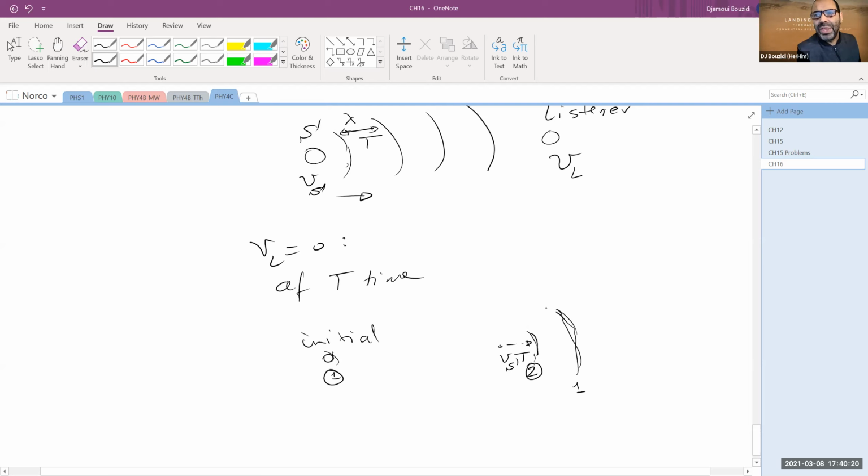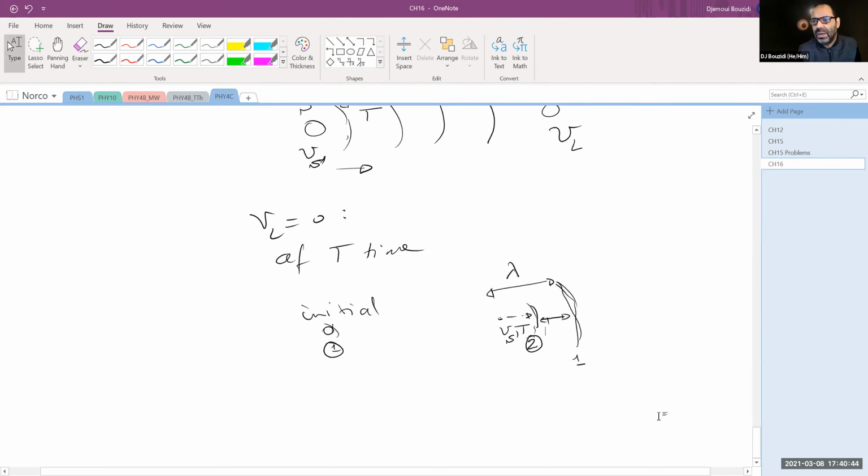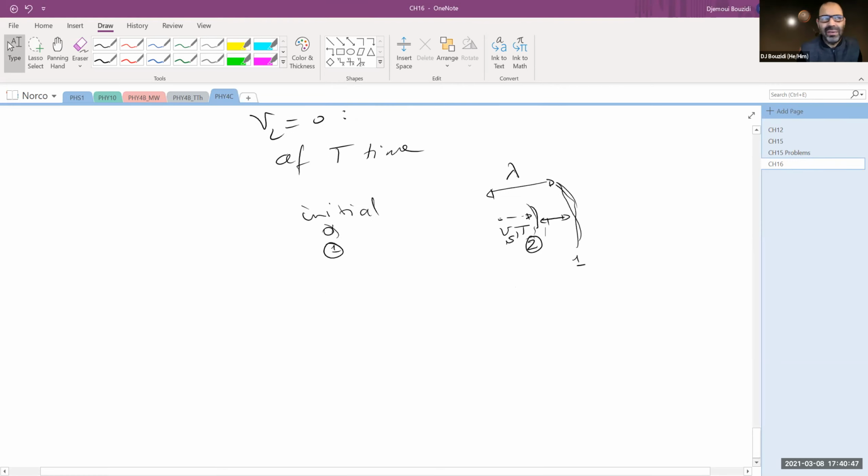So the separation between them, instead of being lambda, is going to be this distance between the two wavefronts. And then it's going to repeat this process after another T time, and another T time. So for the listener, these wavefronts appear to be separated by a different distance, not lambda. This is the perception of the waves.